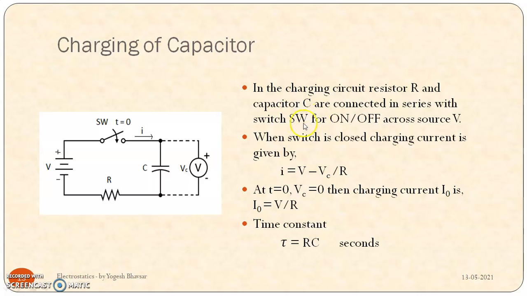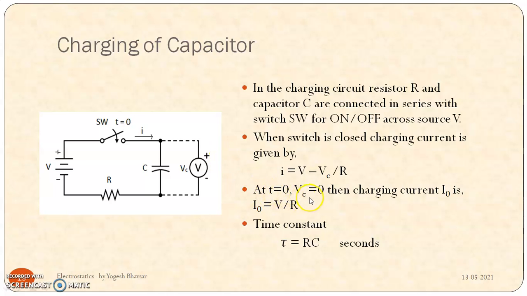So when the switch is closed at t equal to 0, the charging current starts flowing. The charging current I is given by V minus Vc divided by R, that is the potential difference divided by R. So this is the charging current.